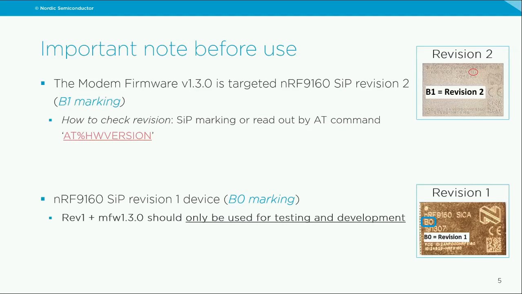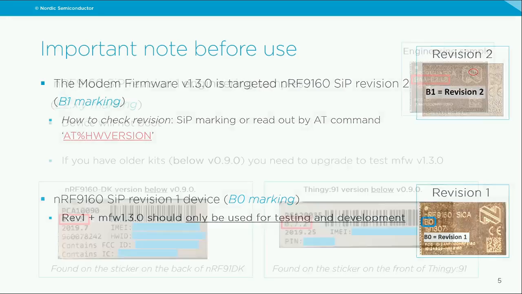AT%HWVERSION is this command. And of course, if you have a Nordic nRF9160 system in package revision 1, this is marked with B0. You could use the modem firmware 1.3.0, but only for testing and development, not for production use.